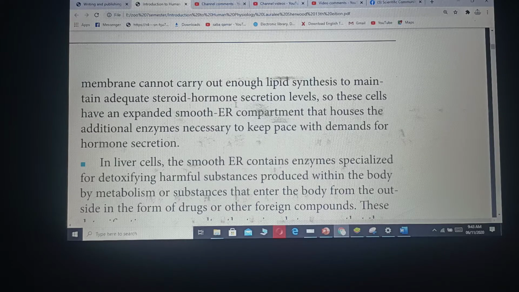So there should be another site inside the body where different kinds of hormones can be prepared. So steroid hormones can be prepared at smooth endoplasmic reticulum compartments that house the additional enzymes necessary to keep pace with the demand for the hormone secretion.